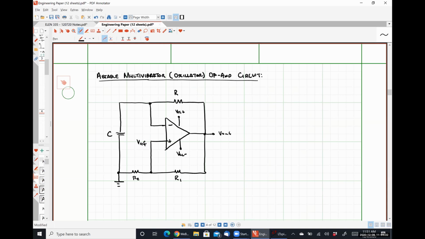We can see that. So our reference voltage has some positive value based on the ratio of these resistors and the output voltage being positive.